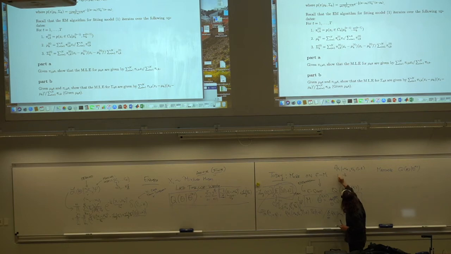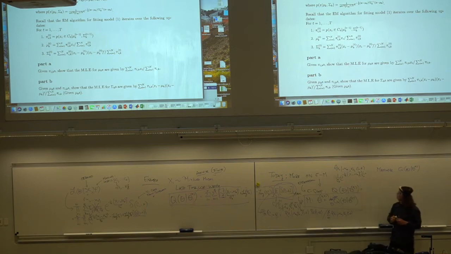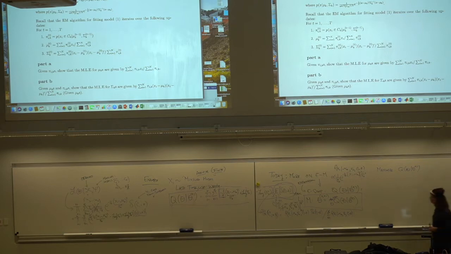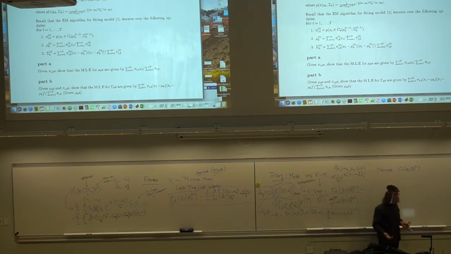Then I write down my sigma in here: 1 over sigma k, e to the minus 1/2 (xi minus mu k) squared over sigma k squared. So I'm just taking this thing and plugging it in. Proportional to, I remove my 2 pi's so that I don't program them up on my computer and evaluate them. It wouldn't slow down the code too much, but since they cancel in this equation, I'll just get rid of them up front.